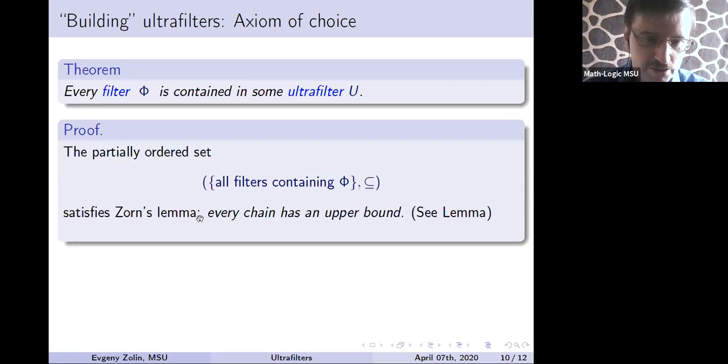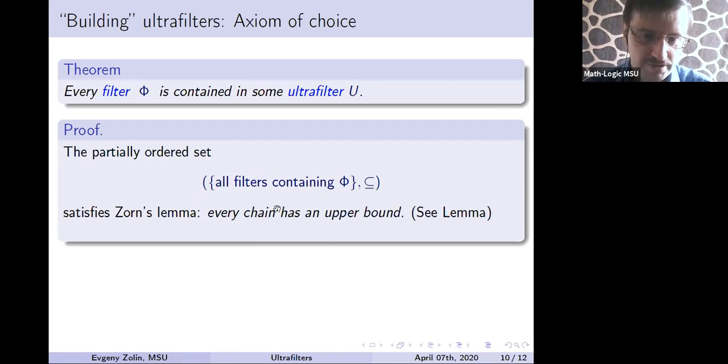Recall that Zorn's lemma says, if you have a partially ordered set, like here, and every chain in this partially ordered set has an upper bound, if you have a chain of elements phi t, then there is some element in our set, some psi, that contains all these elements, phi t.